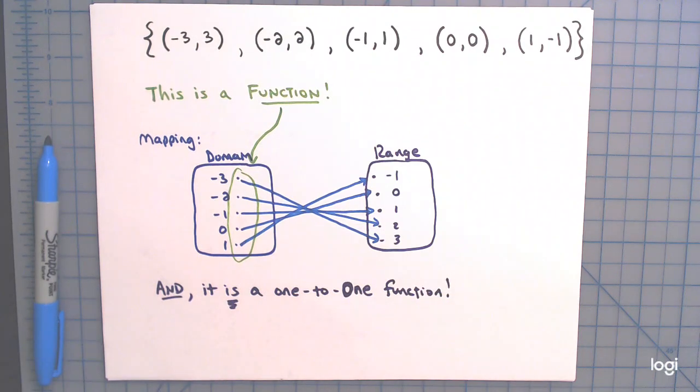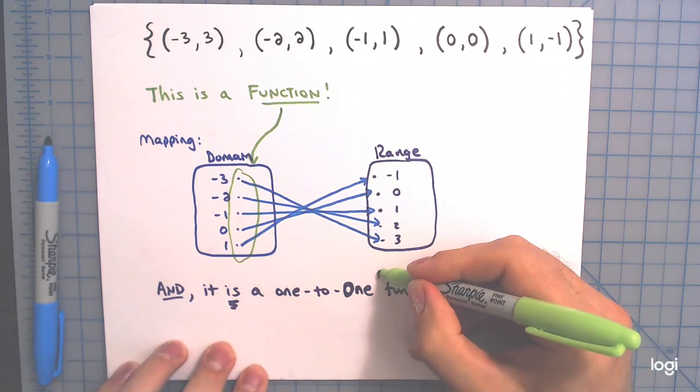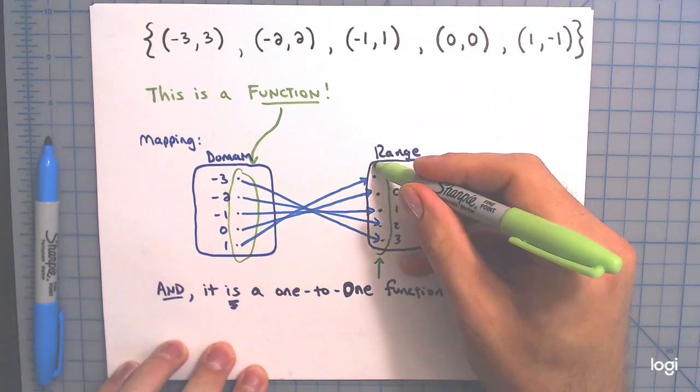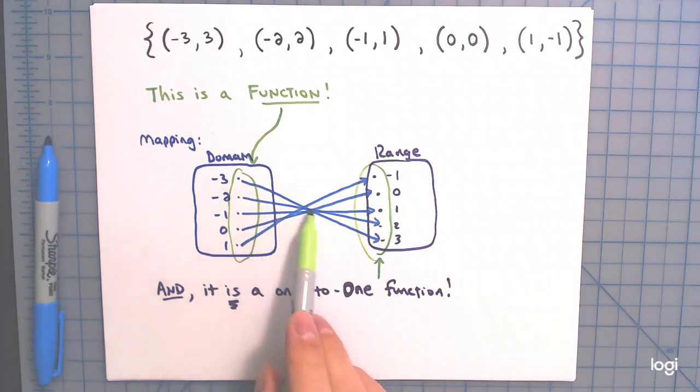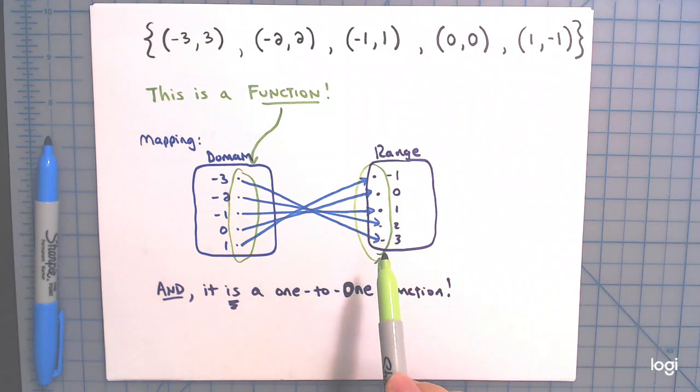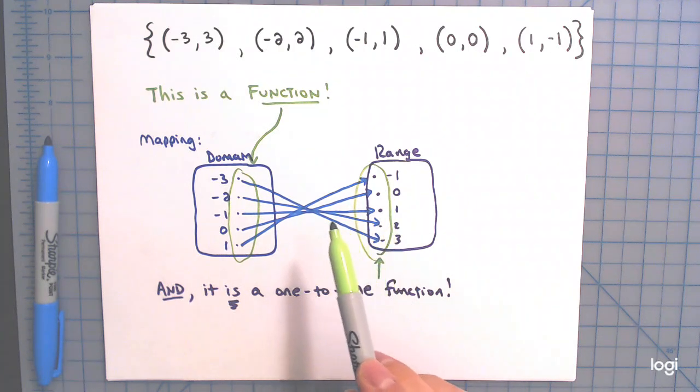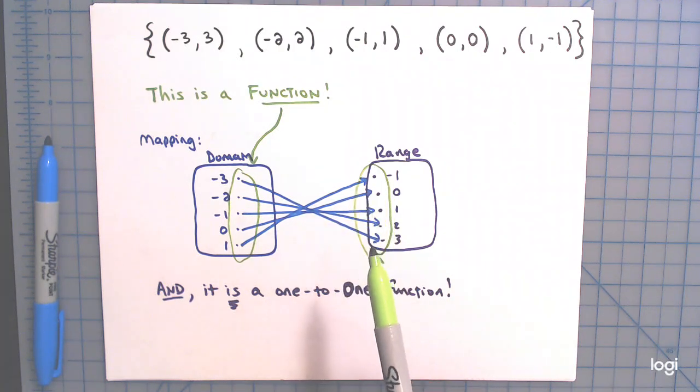And the reason we can see that is if you look at the outputs. Every single output is mapped to by only one input, right? There are no outputs with two arrows going to them like in the last example. Every output has one arrow coming to it. So this is an example of a one-to-one function.